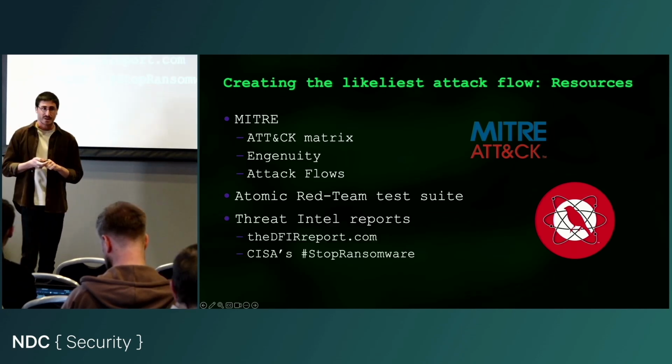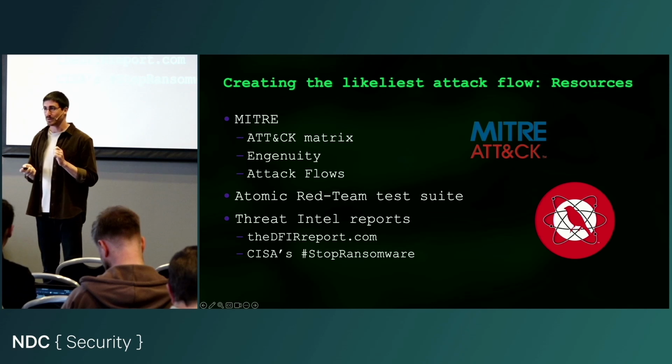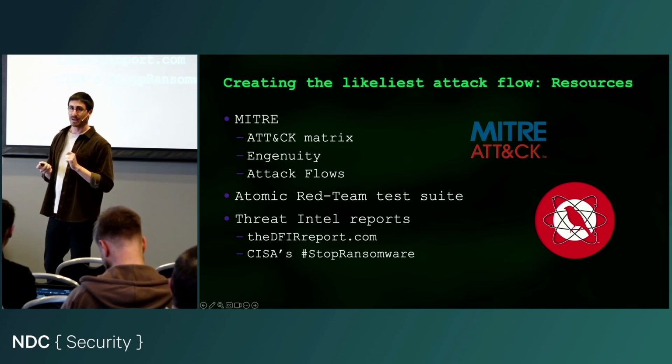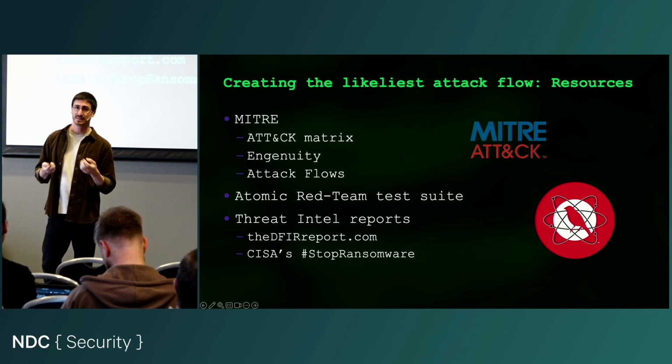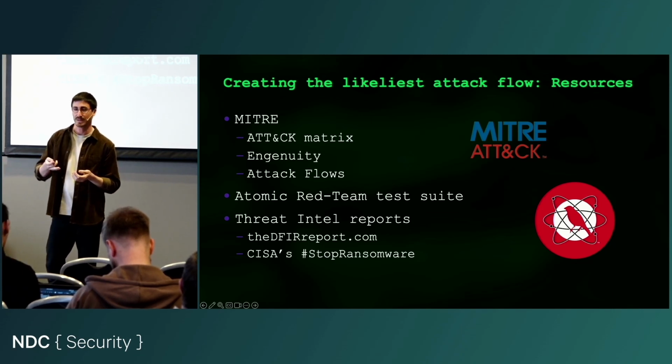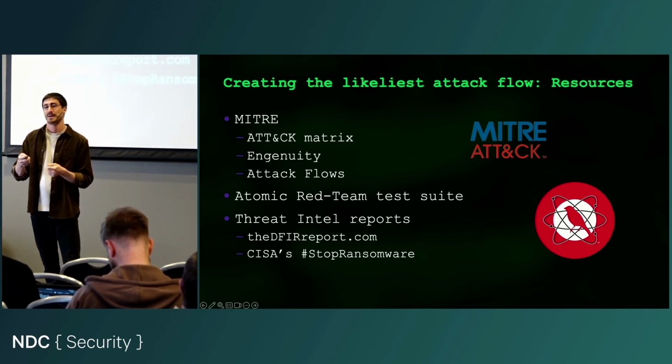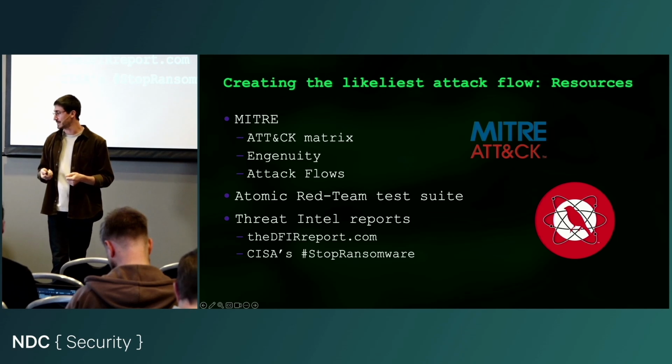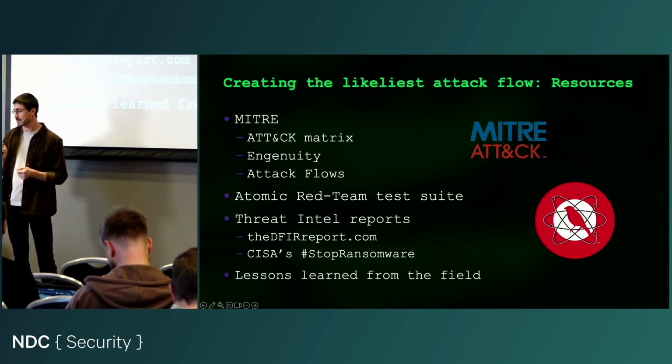There were also threat intelligence reports, also highly recommended. The DFIR Report shows different network breaches and analyzes how they happened and what techniques were used along the way, and there is CISA's Stop Ransomware that was discussed.